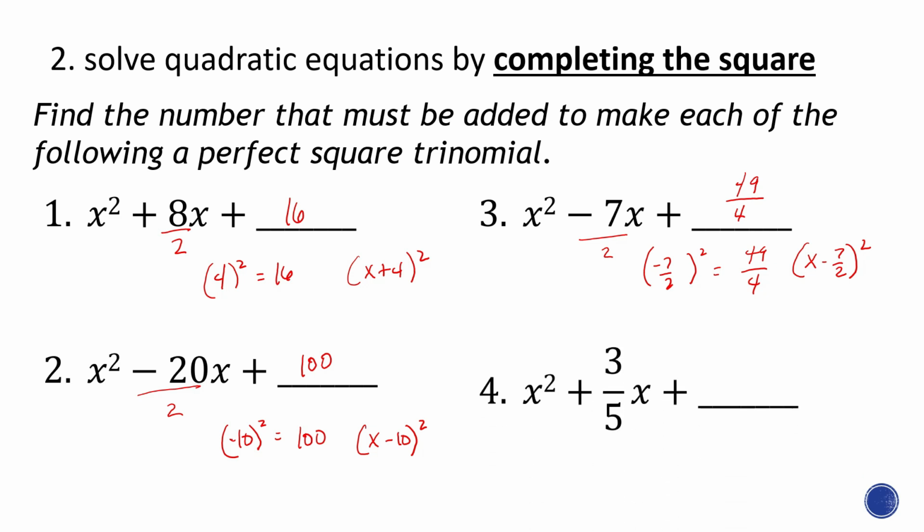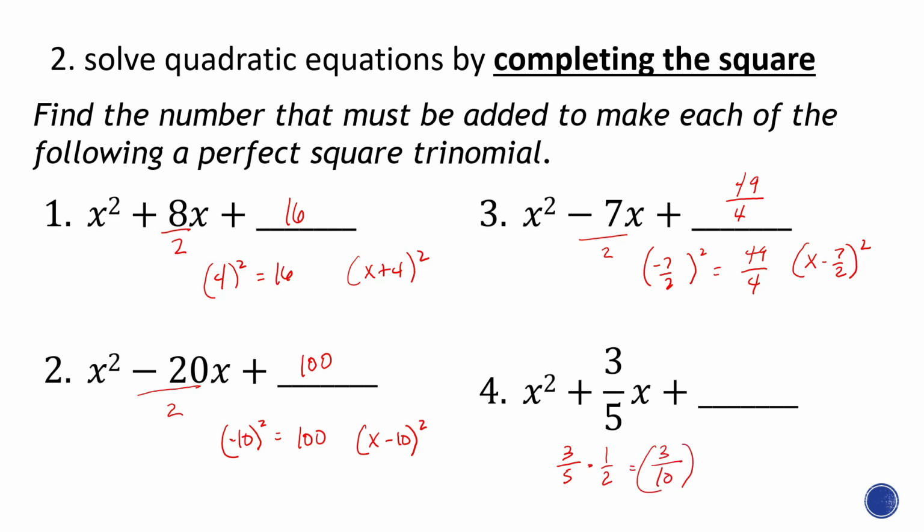Finally, what if we have a fraction like this one? So x squared plus 3 over 5x plus what? Now this is easy. You might think this is complicated because we will divide this by 2, right? The shortcut here is simply multiply 3 over 5 by 1/2. So 3 over 5, multiply that by 1/2, that's 3 over 10.